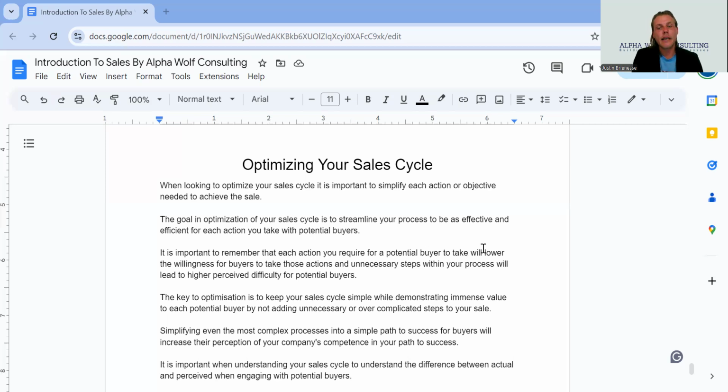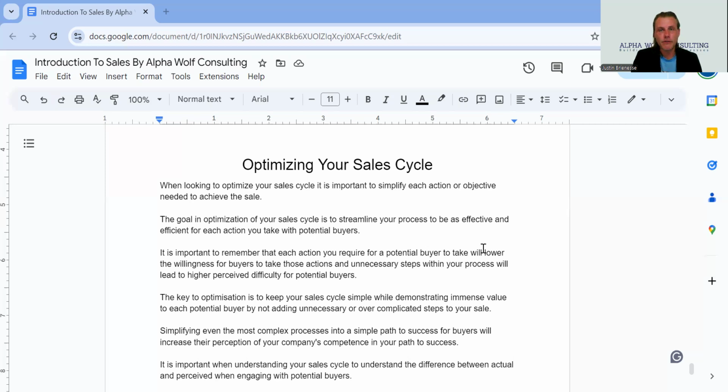So when we set up the sales cycle, we want it to be functional. When we optimize the sales cycle, we're looking to increase productivity and increase effectiveness. So we can't just start off trying to be the most effective and the most productive we can, because we have to build out the structures and the processes. Do you understand?